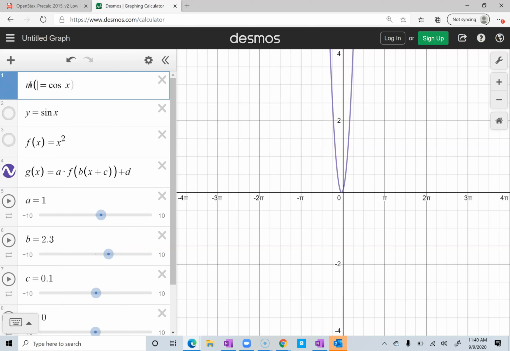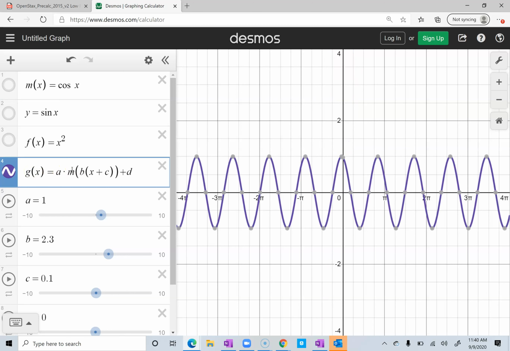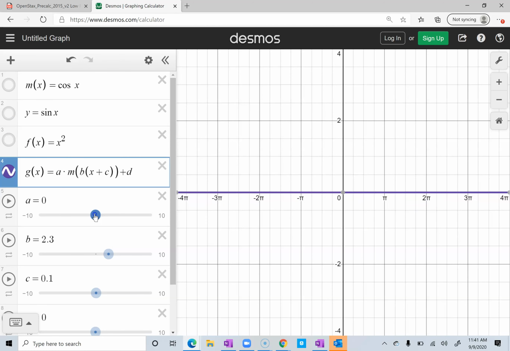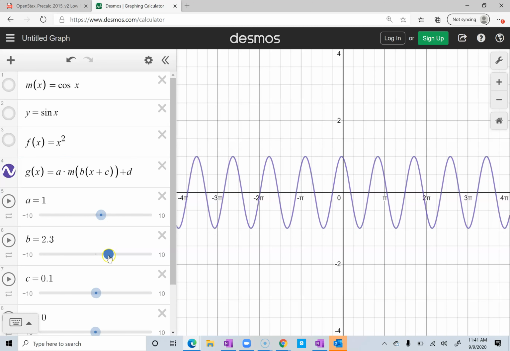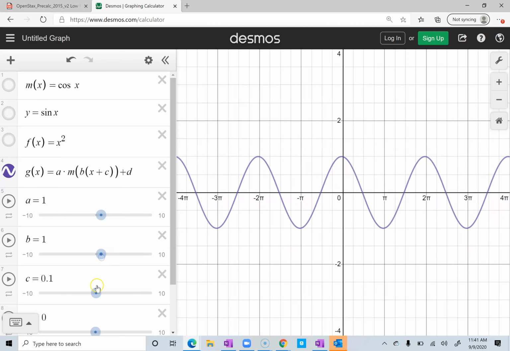M of x. A's in it. Nope. I want A to be 1. I want B to be 1. I want C to be 0.